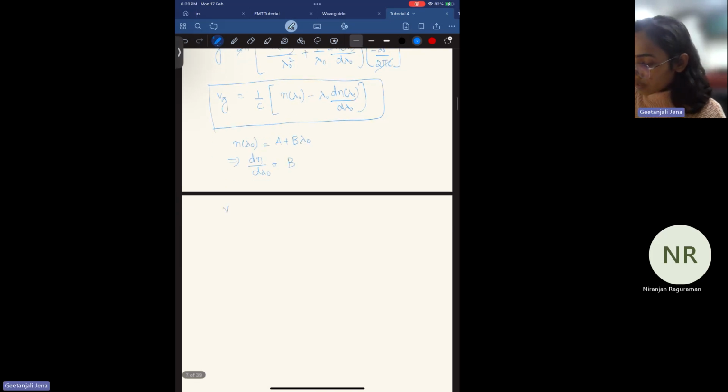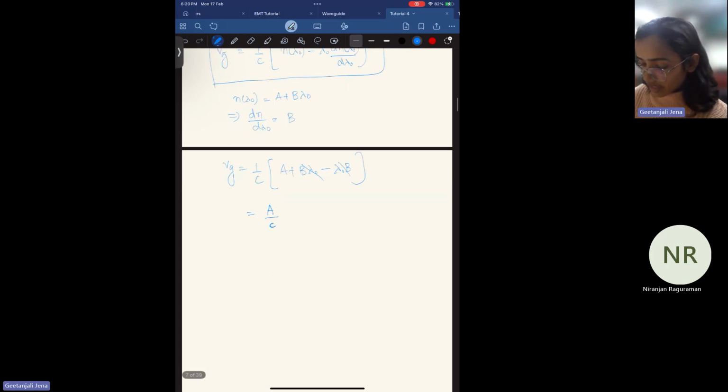So we have 1 by the group velocity as 1 by c times a plus b lambda 0 minus lambda 0 times b. So this is a by c, which is a constant, right?